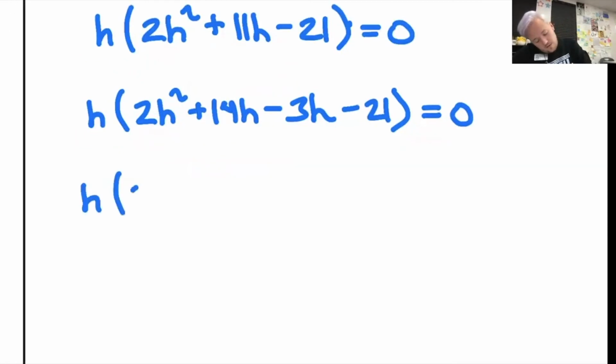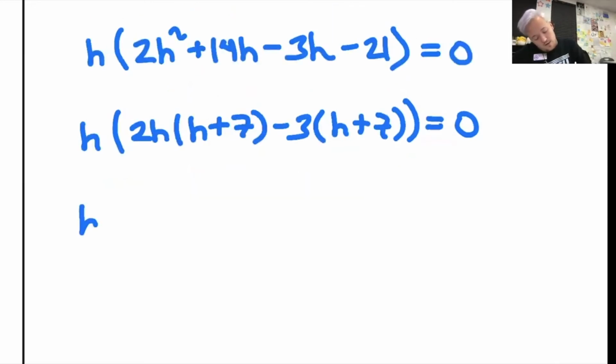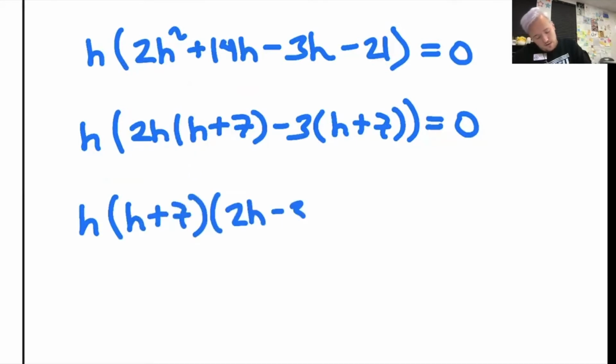I'm going to take out a 2h out of the first group, so it's going to be h plus 7. And in the second group, I'm going to take out a negative 3, which leaves me with h plus 7. So my components here are h, h plus 7, 2h minus 3 equals 0.